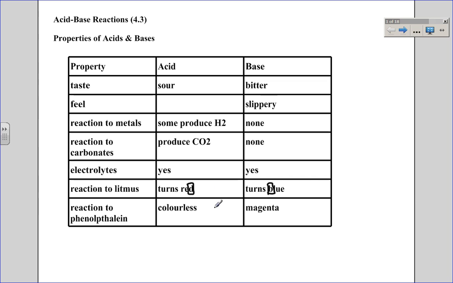There are many other acid-base indicators that change color depending on the acidity of the solution.